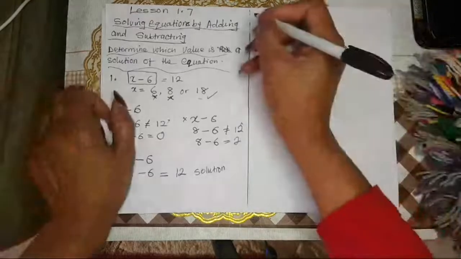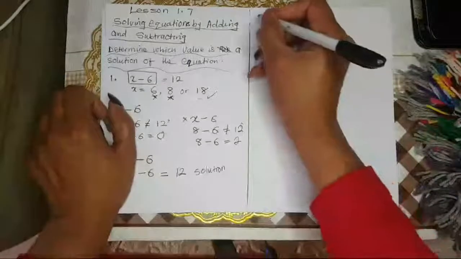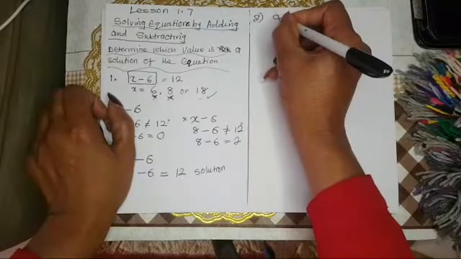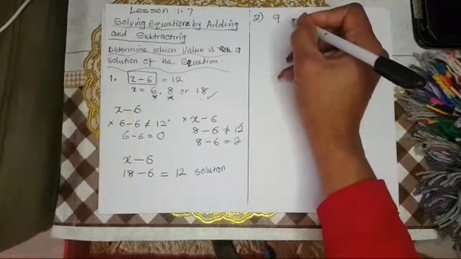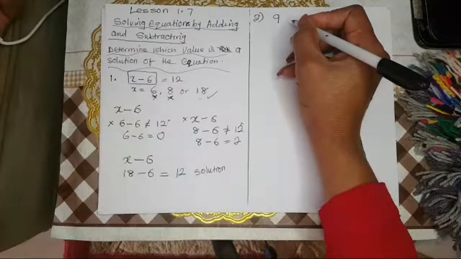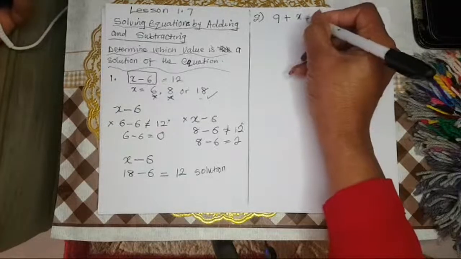I don't know if you can see me clearly. You have here question number 2, which says 9 plus x equals 17.